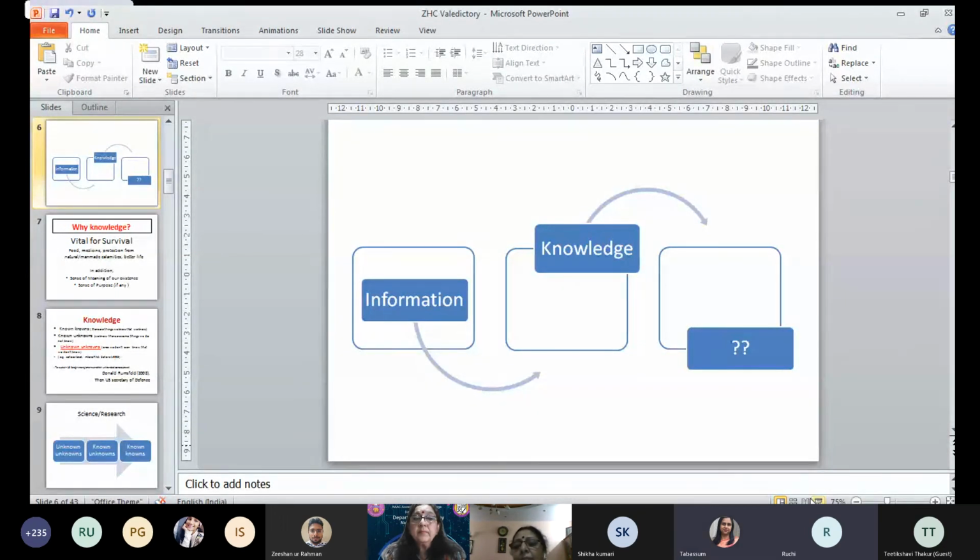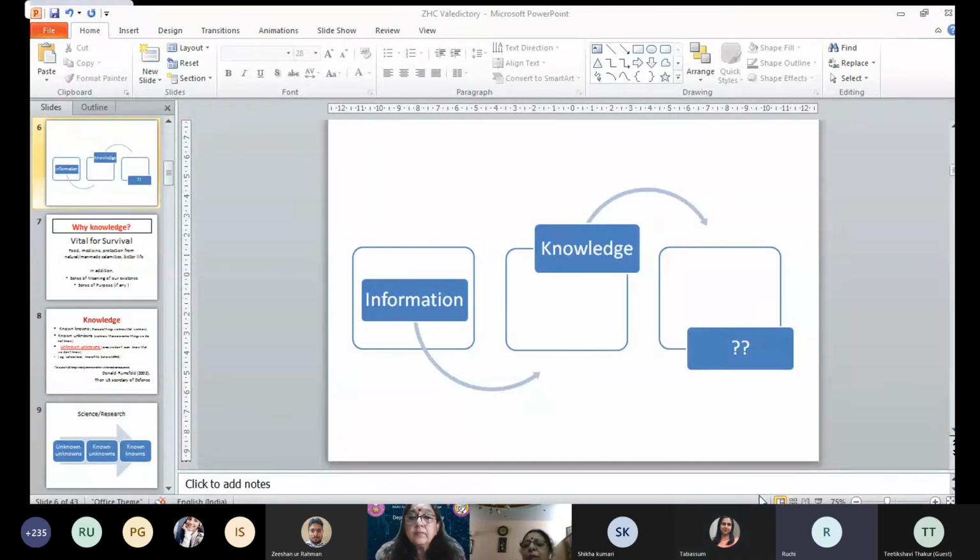It can be either way. Slideshow mode will be better, I think. Is this okay now? Can you see it? Yes, ma'am, we can see. Ma'am, please click on the icon next to the battery percentage.